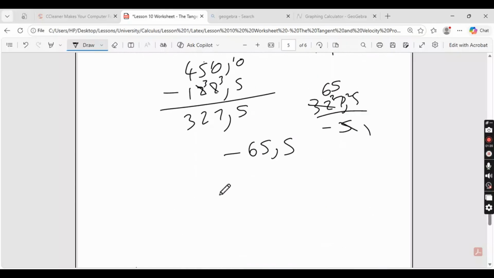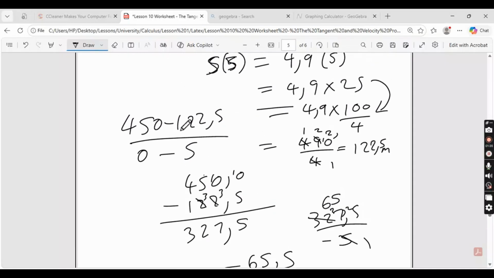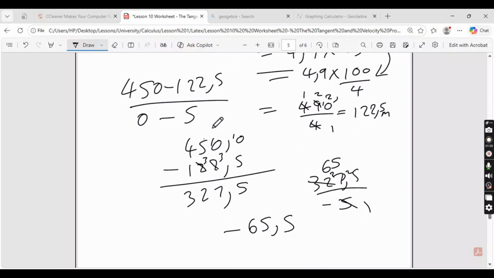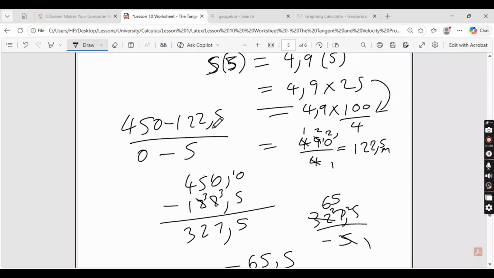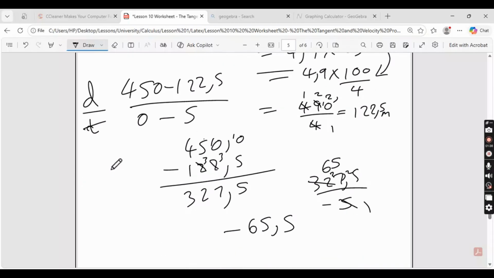Okay, this would be distance over time, which gives us velocity. So it makes sense.